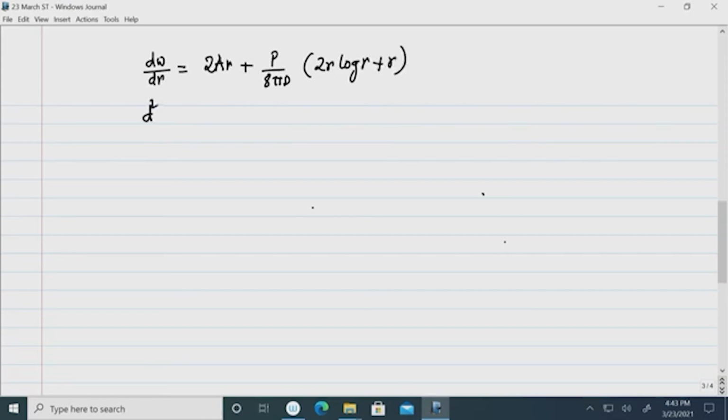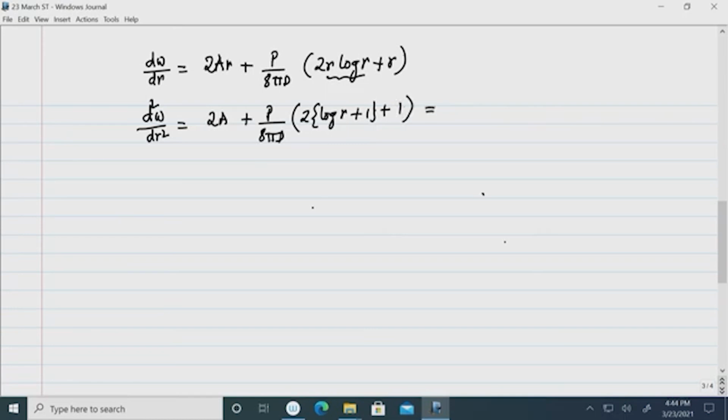And second derivative d square w by dr square equal to 2 A plus P by 8 pi D. You see, this is the product of two functions. So, we are differentiating, and after differentiating we are getting first log r, then we are getting 1 plus 1 another term is there.